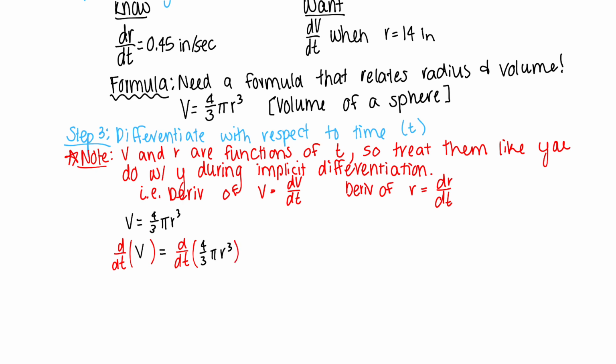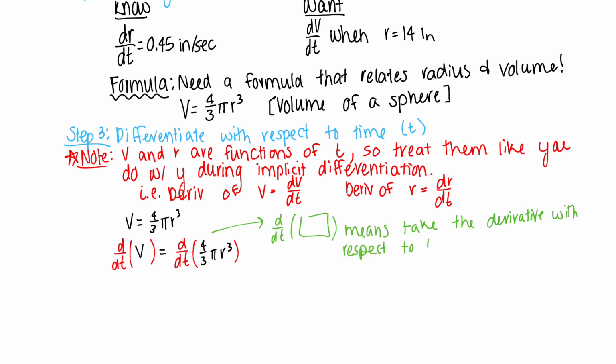And maybe I'll note that here. So d dt of something means take the derivative with respect to time of whatever's inside here.